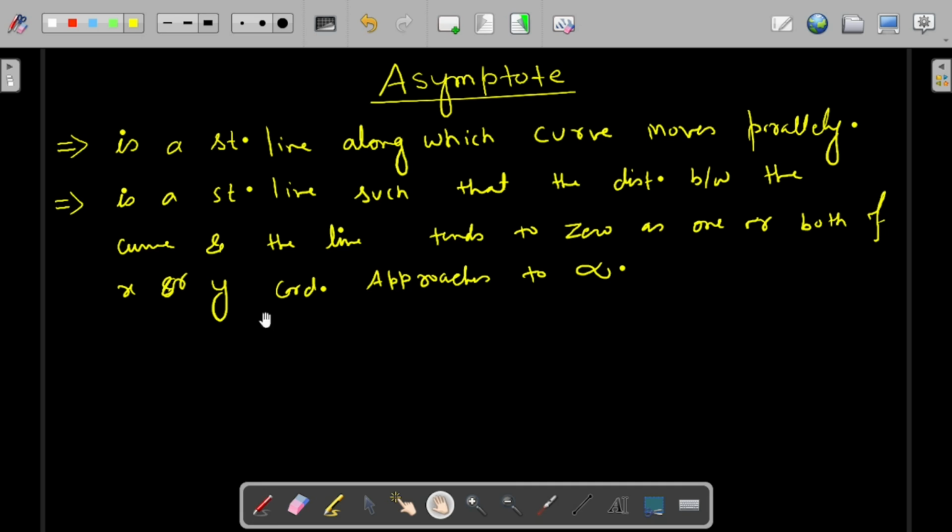We will try to understand the meaning of the second definition and first definition as well.